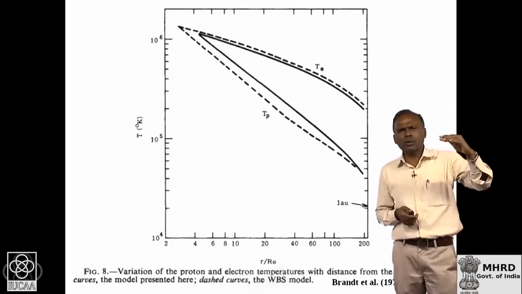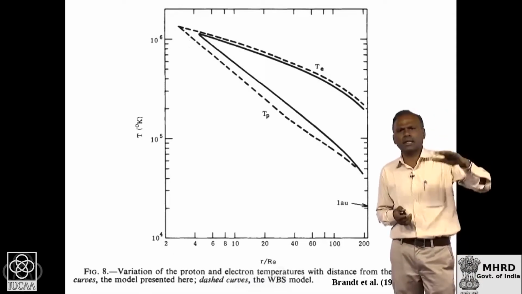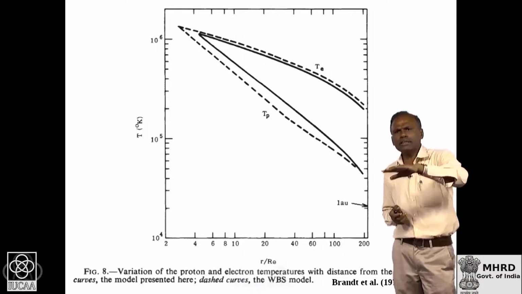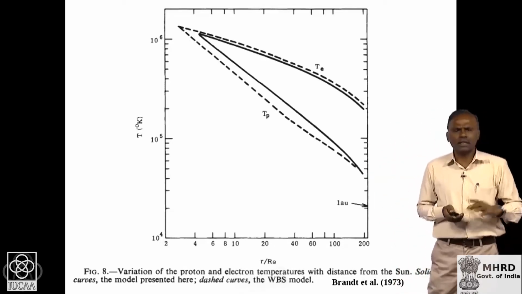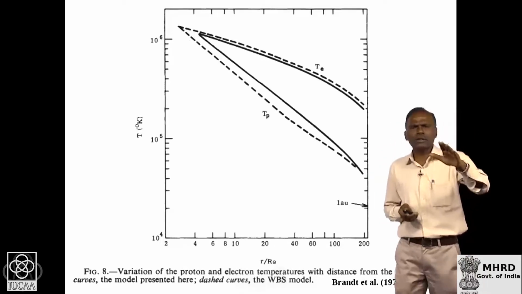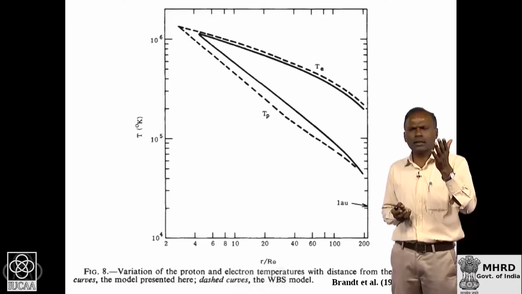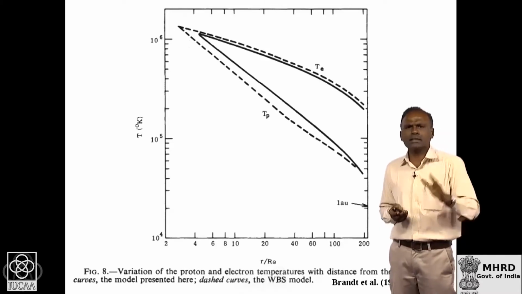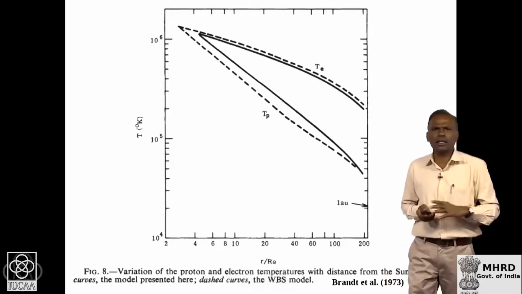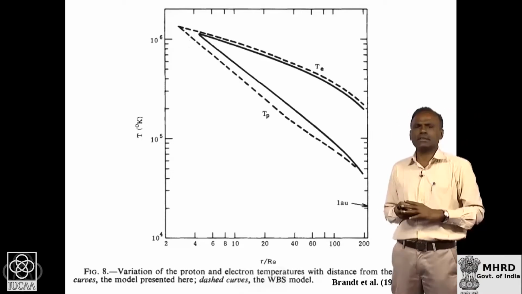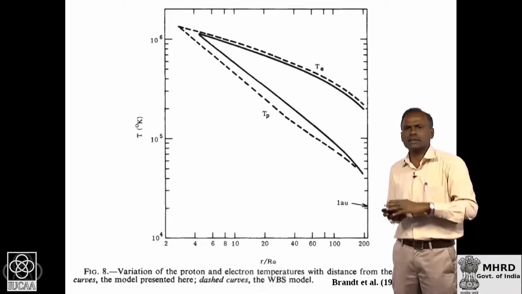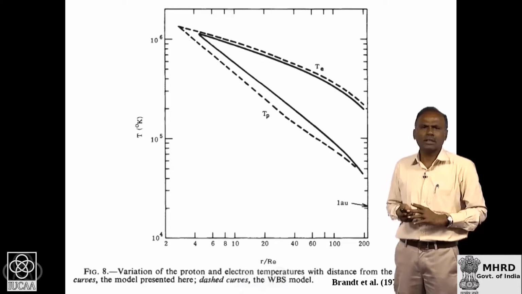So, as we go away from the sun, how the proton temperature and the electron temperature decrease with distance. You can see the electron temperature is not varying drastically as we move away from the sun, whereas the proton temperature decreases rather quickly.